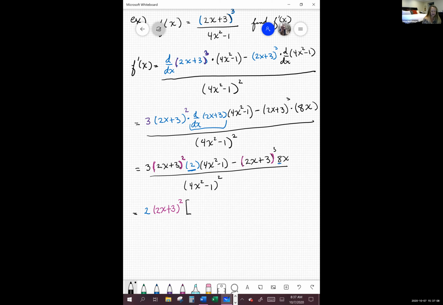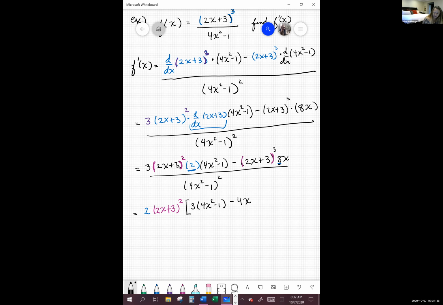okay, so if we pull that out right here, this (2x plus 3) quantity squared, we pulled out this 2, so we're left with a 3 out front, and we're left with this parentheses 4x squared minus 1. Minus, well, we pulled a 2 out of the 8, so I'm left with a 4 there.